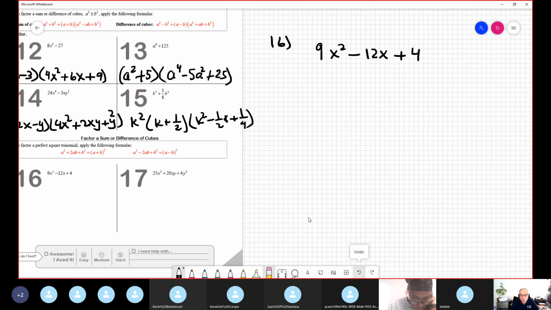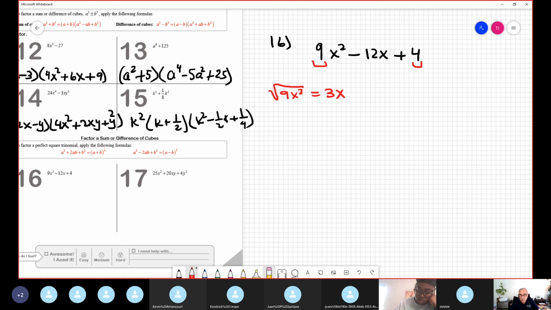Okay, this trinomial is also a perfect square. How do you verify? Well, the first clue is 9 and 4 both are perfect square numbers. So maybe yes, maybe no. The entire trinomial is a perfect square. And the test to prove that it's a perfect square, you find the square root of 9x squared, okay, 3x.